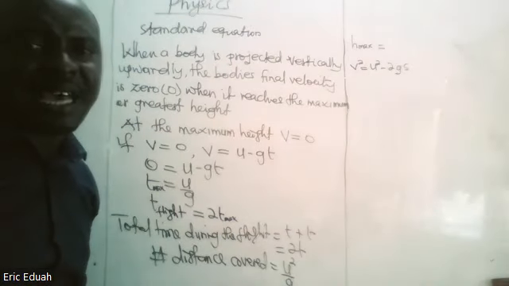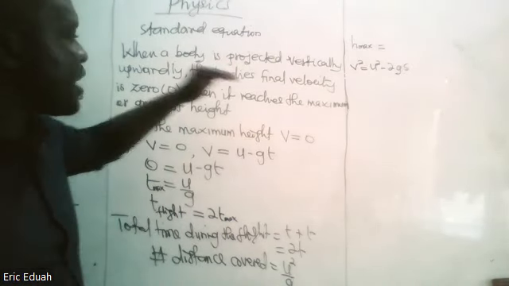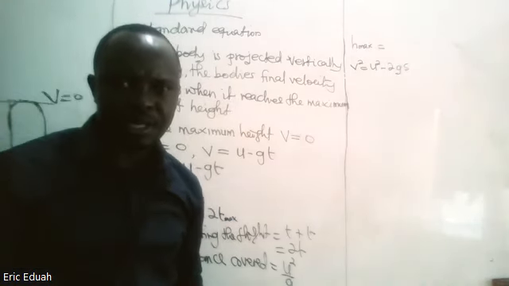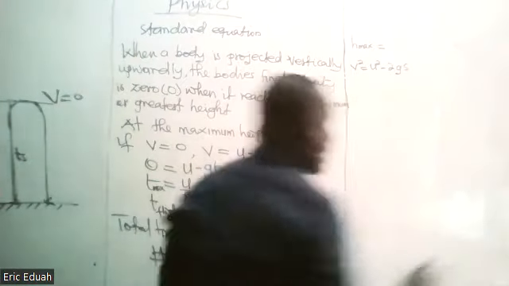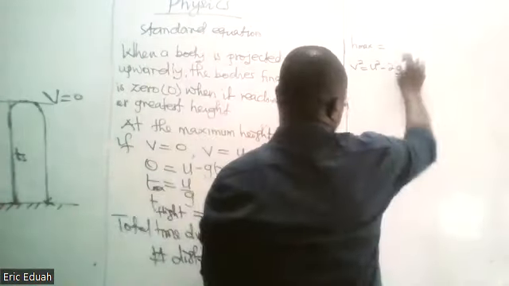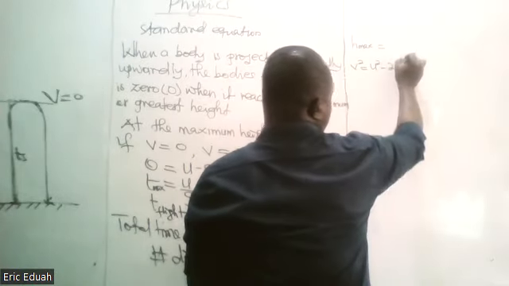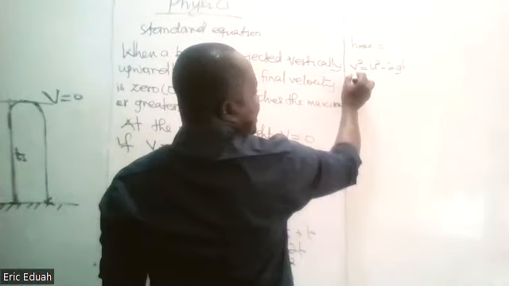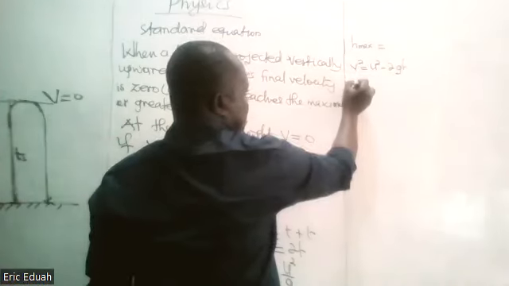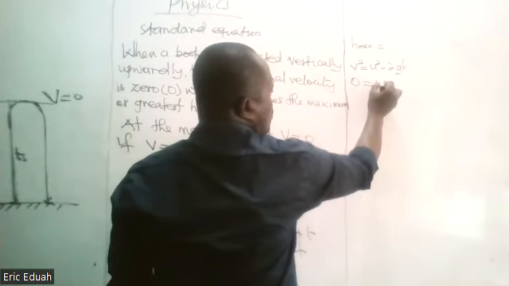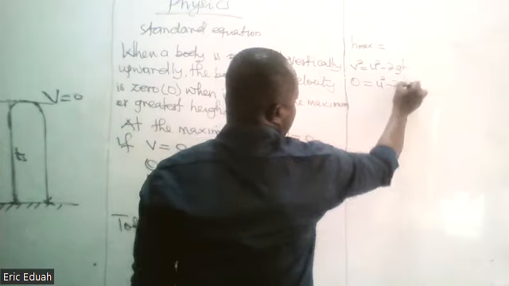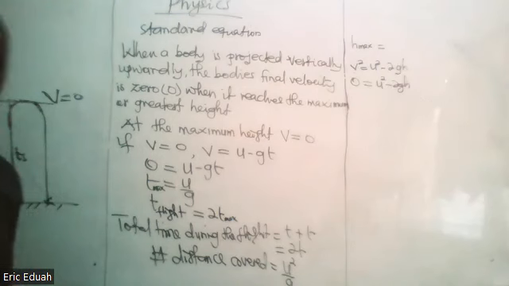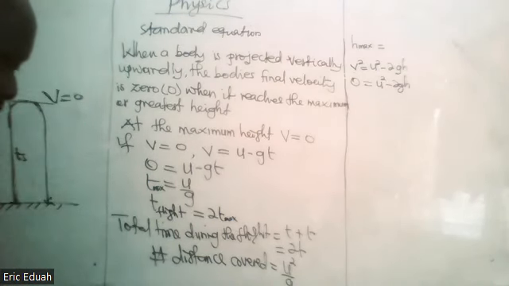But we are changing this S because we are talking about vertical height. We use S for displacement, and because we are talking about vertically upward or downward motion, we change the S to H, meaning vertical height. When the object gets to the maximum height, V is 0. So 0 is equal to U squared minus 2GH. Help me make H the subject.